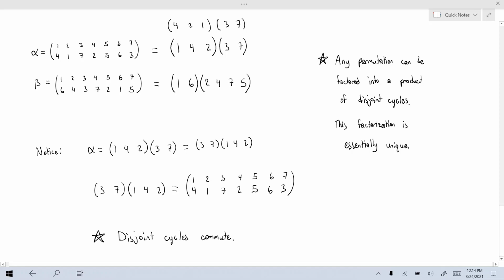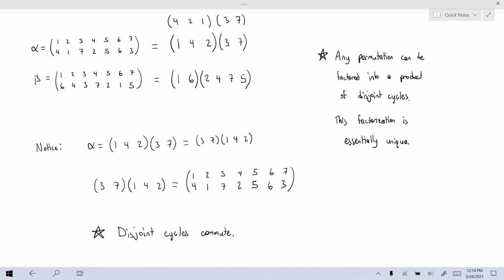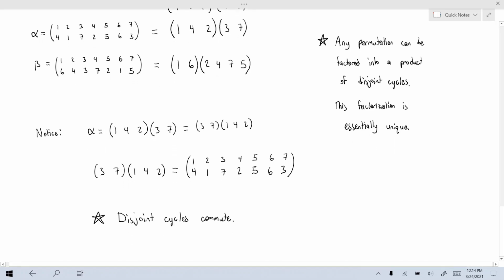This is like A times B equals B times A. Remember that property is known as the commutative property. So disjoint cycles commute. If your cycles are not disjoint, they will not commute. That's important to note.